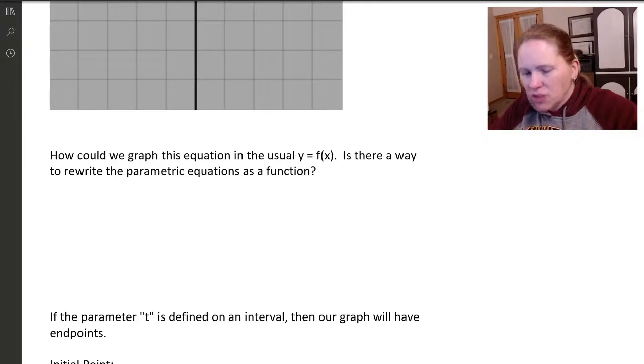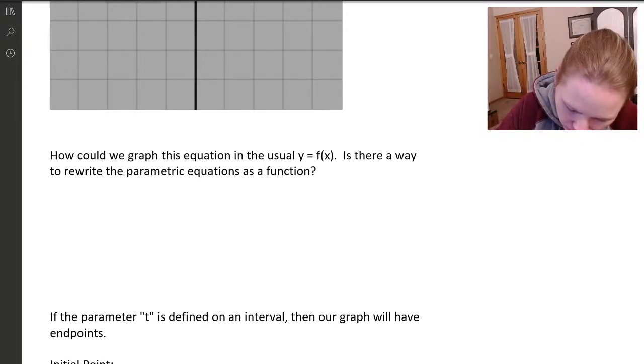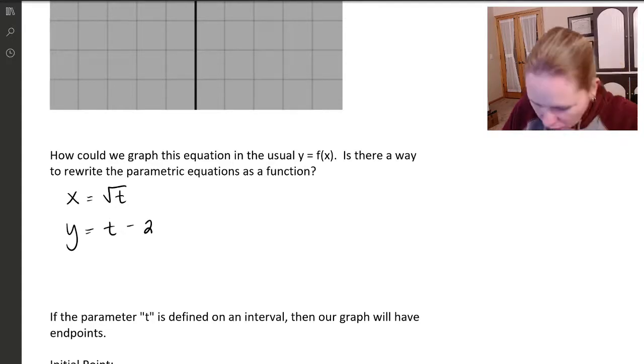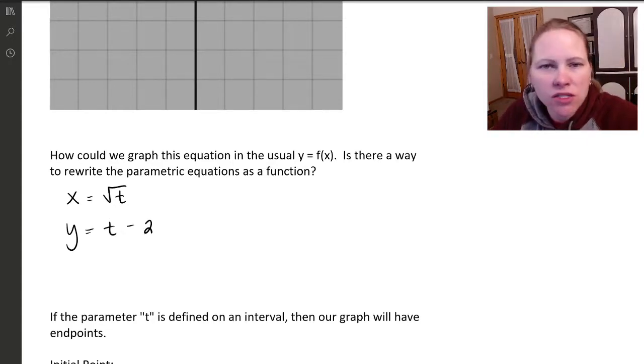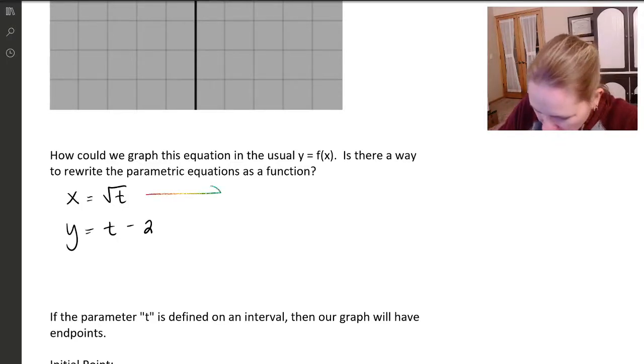Well, if we take the two equations, x equals the square root of t and y equals t minus 2. If I wanted to write it as an equation, my goal is to write it as y equals, and then instead of t, I want to replace the t with x's. So what makes sense to me is to take the x equation and solve it for t.